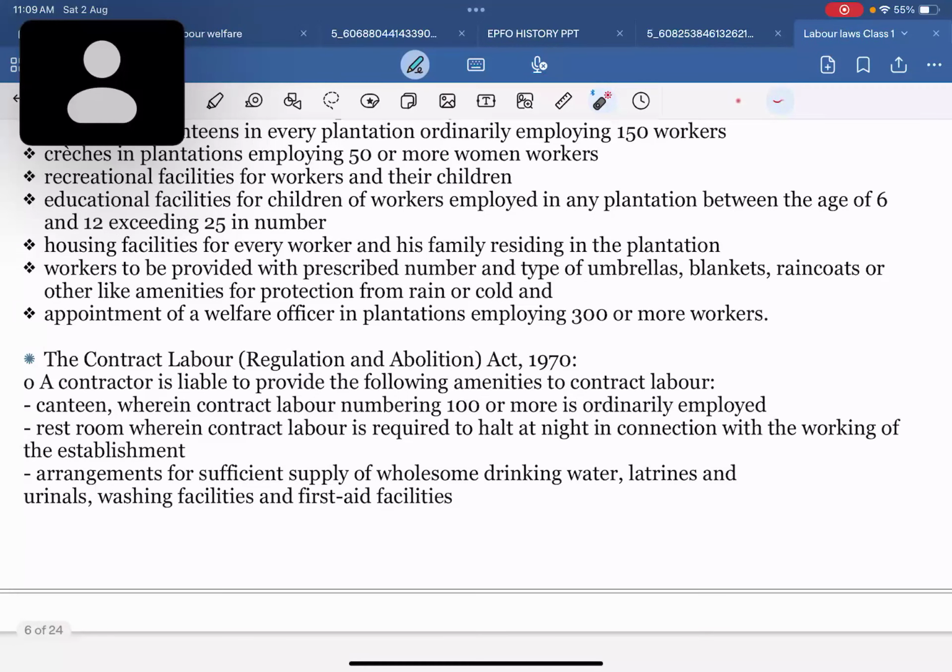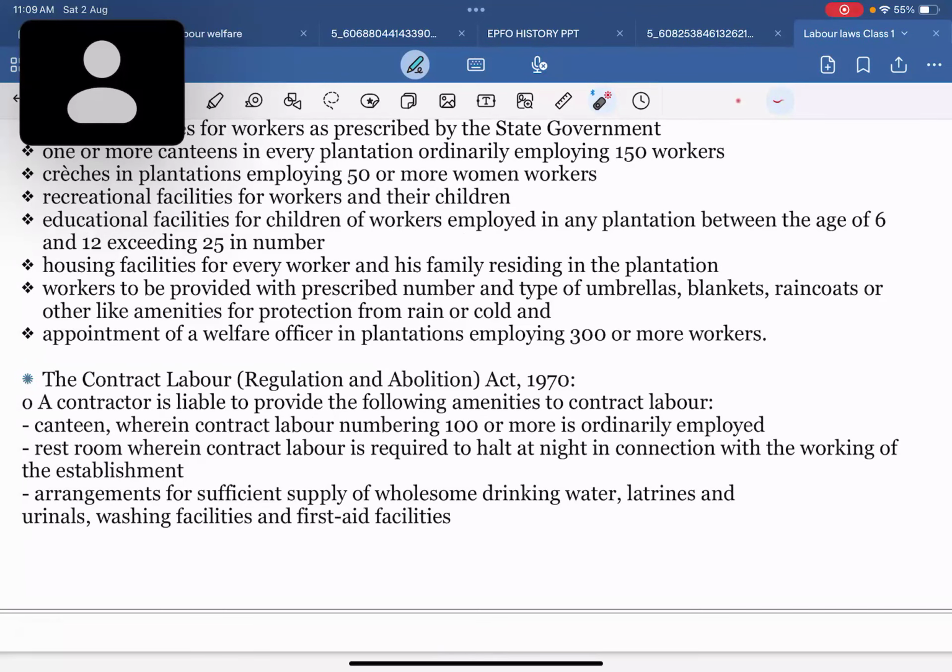Now, contract labour regulation and abolition. But sir, we raise our voice, the government tries to stretch things, and the problems are there. Understand one thing: this is not as easy as you are understanding. Right? When you reach out to the government, suppose I give you a simple example. Now you are preparing for EPFO.